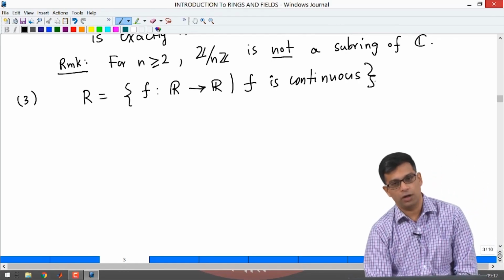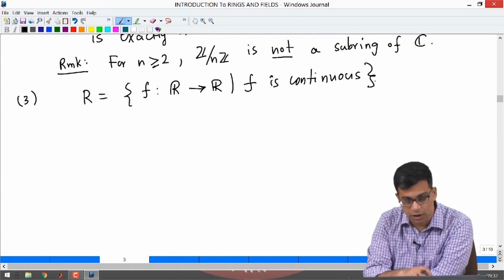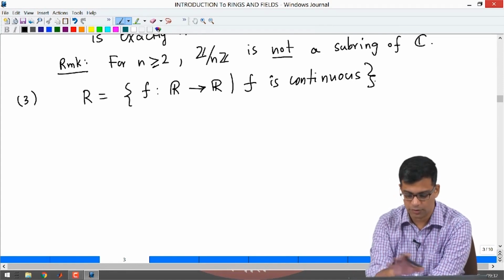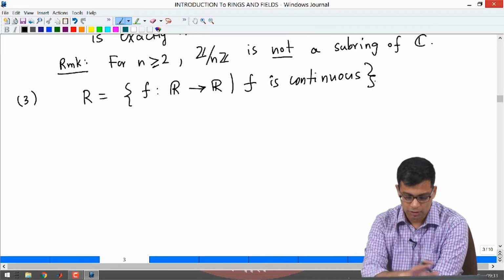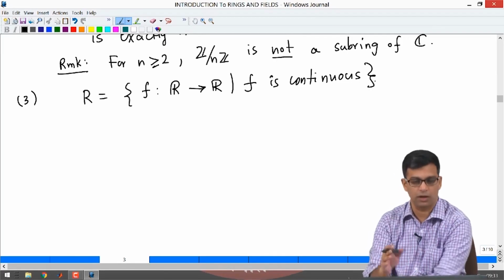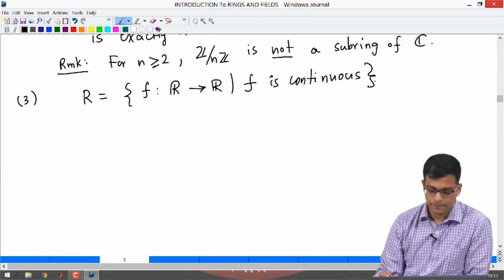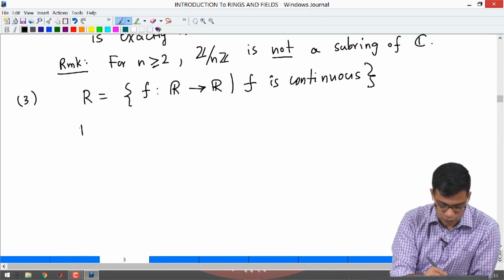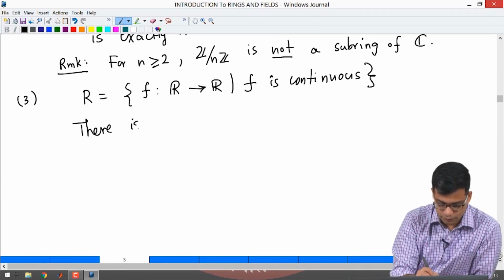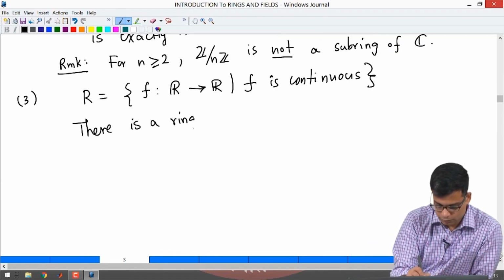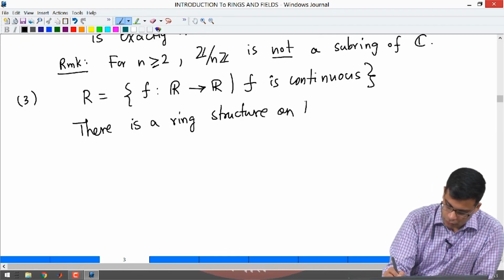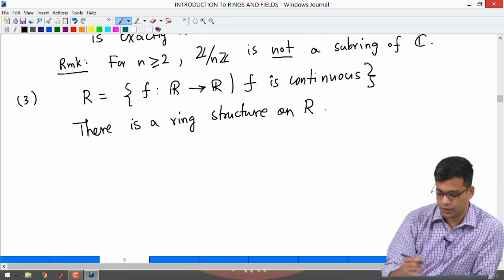Remember, this is just something that you have learned in analysis. So, continuous functions from R to R, you take all such things. I want to actually think of this as a ring. So, there is a ring structure on R, the set of continuous functions.